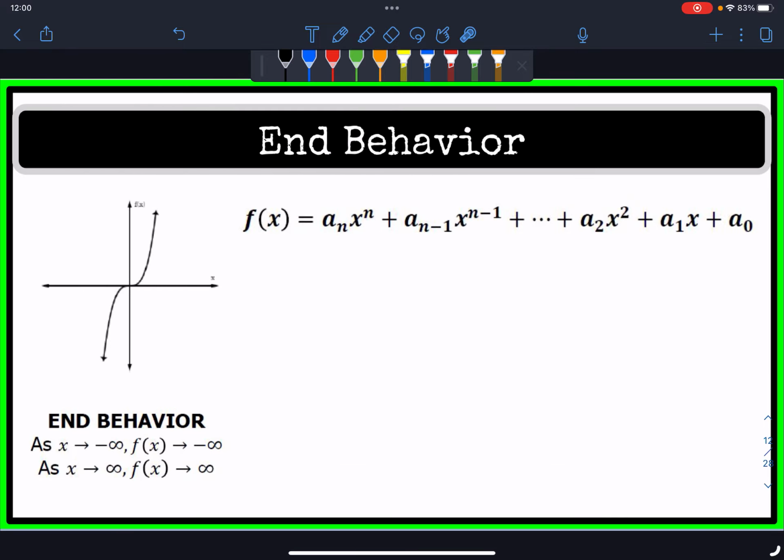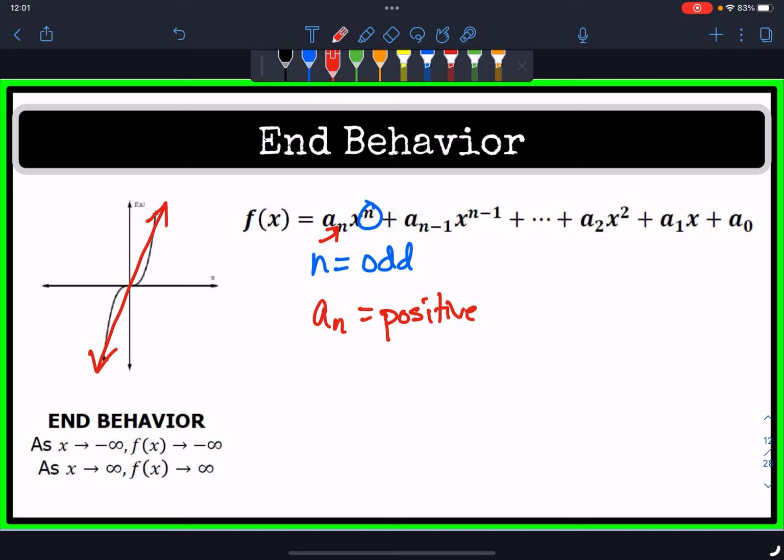In order for a polynomial to behave like this power function, where the left is decreasing without bound and the right is increasing without bound, this exponent has to be an odd number and our coefficient has to be a positive number, because this thing is going upwards, it's increasing, so it has to have a positive value.